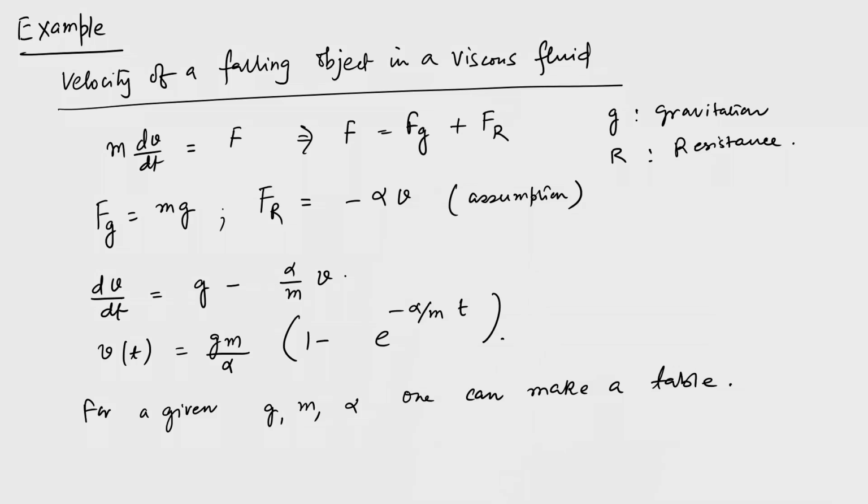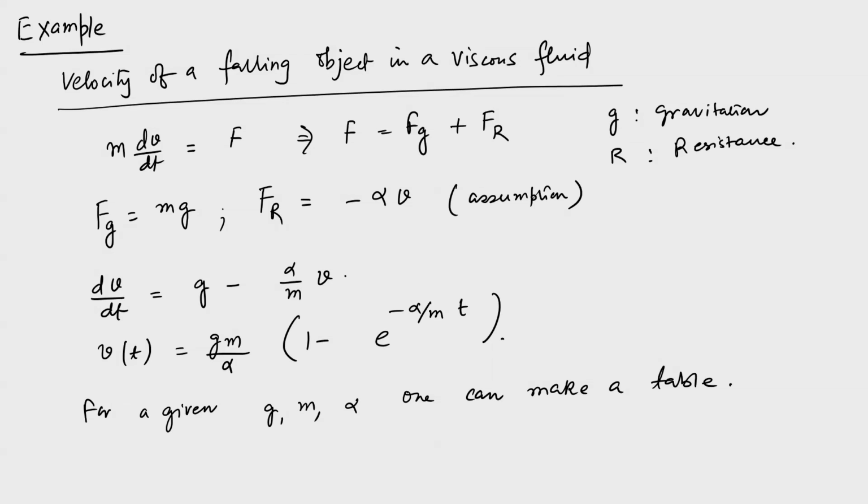Okay. So, of course, it looks like maybe when alpha over m is a very small quantity, then a linear approximation would hold. That is, if the mass is small and alpha is very large. Let us not talk about the values per se, but let us say that we can make a linear approximation.